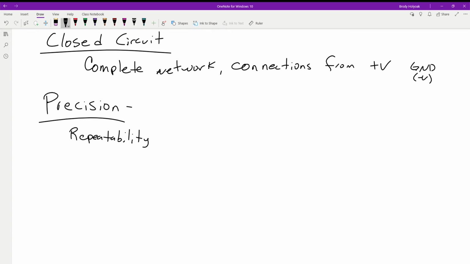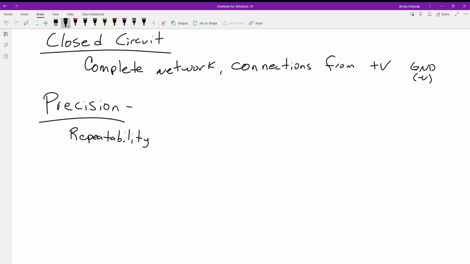Also, if you're doing the same thing over and over and over again, you should be getting the same value. Who knows what the definition of insanity is? Expecting a different result. If you understand that you're going to get the same result, that's not necessarily insanity. But precision is repeatability. Can you do this over and over and over again and get the same value? Whether or not it's correct, that's a different story.